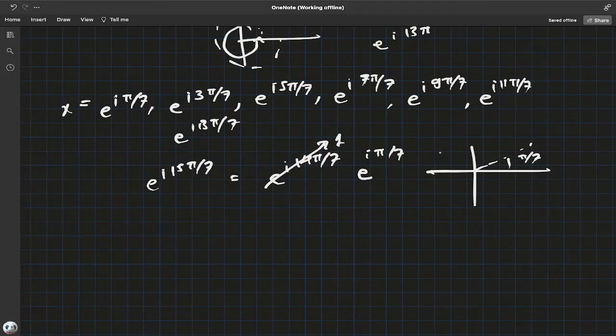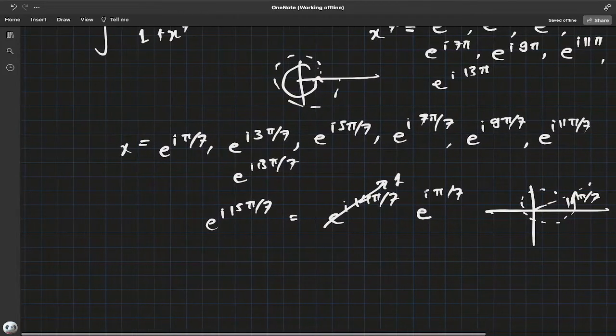You keep adding this incremental factor of 2 pi over 7, and then you finally come back to where you started. That's what happens with, say, an eighth term, like 15 pi over 7. So that's just one thing to remember, or at least consider. It sort of validates the fundamental theorem of algebra.